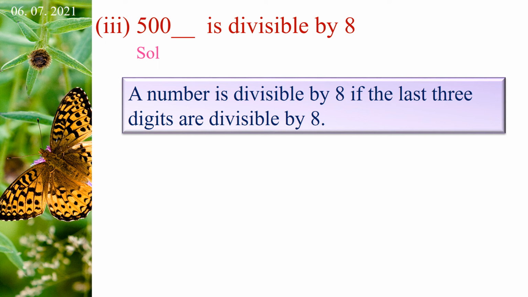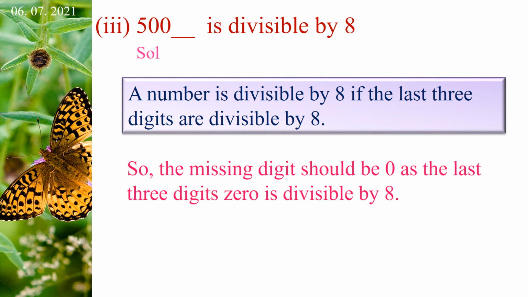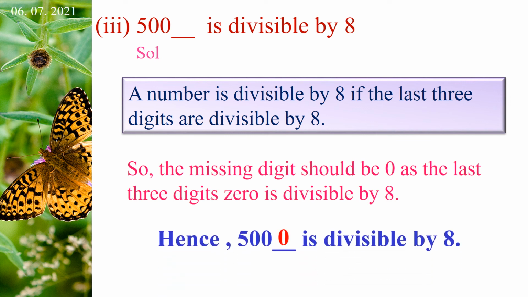Here we already have 2 zeros, so we will insert another 0. The missing digit should be 0, as the last 3 digits 000 are divisible by 8. Therefore, 5000 is divisible by 8.